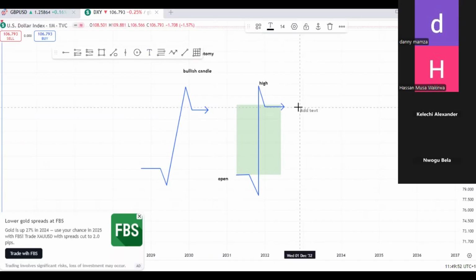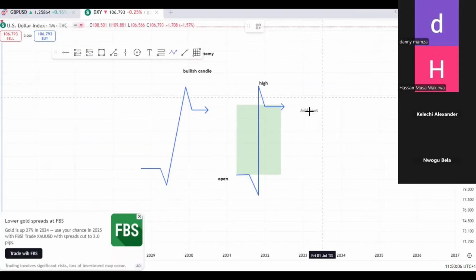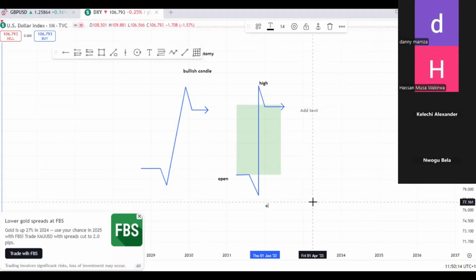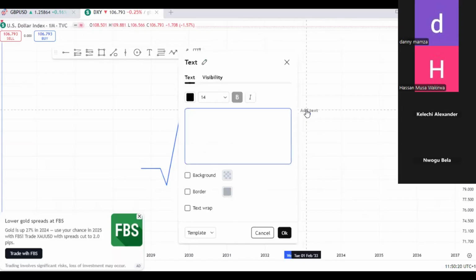Then this is where the candle closes. Close. Okay, this is close. This is low, excuse me. This is the low of the candle. This is the close of the candle.